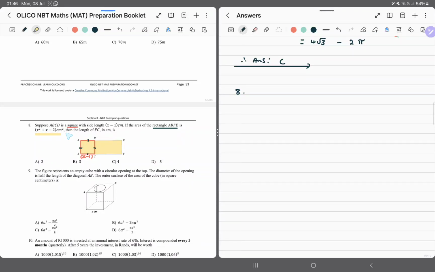Okay, then what is the story? Then the length of FC. So the question is on FC or CF. Then FC in centimeters is it 4, is it 3, is it 2, is it 3, is it 4, is it 5?